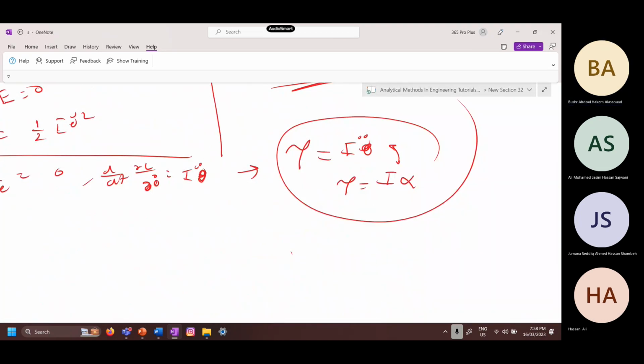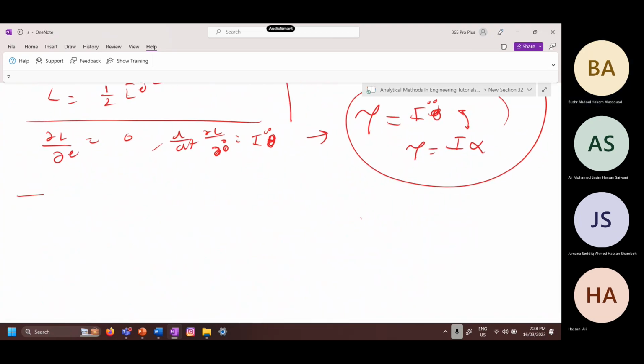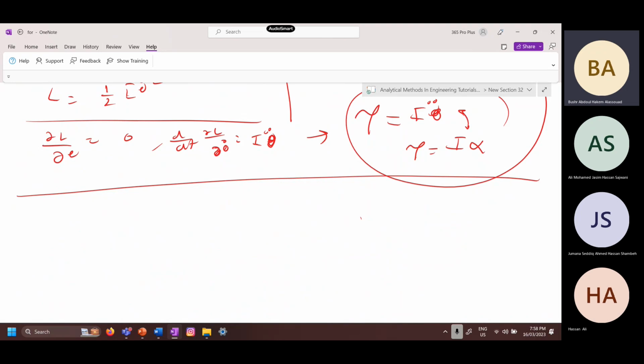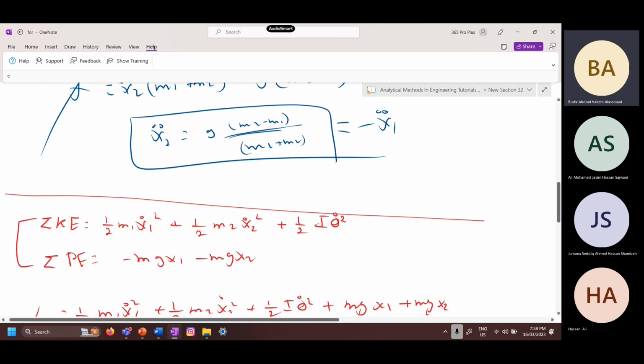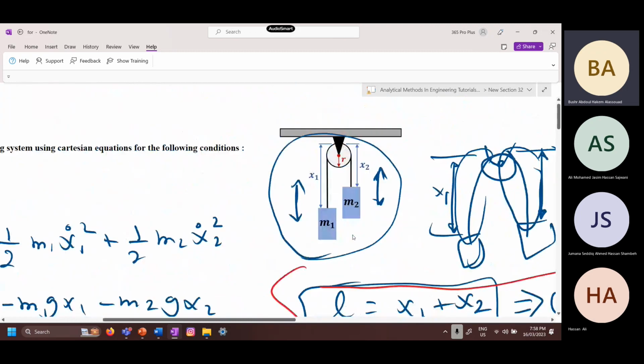Now, let's go to case D. Elastic rope with a slip and a pulley that has a mass. This means that M1 can change in height without the change of M2.